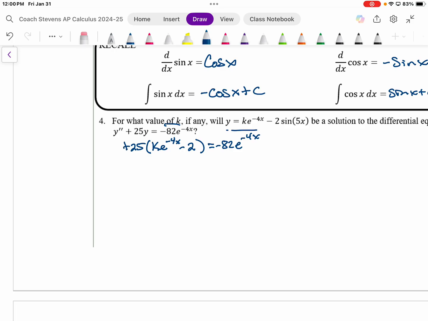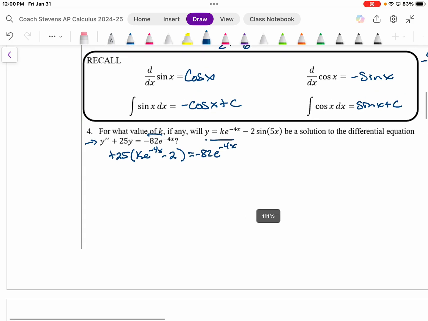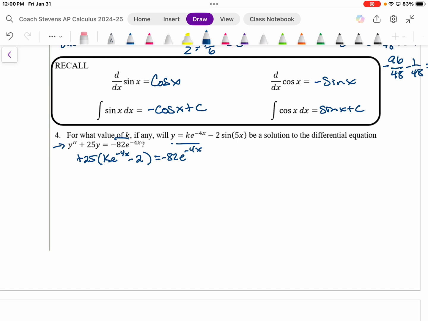Now what I need to figure out is what y double prime is, that way I can substitute that in the first part of the equation. I'm just going to do it over here to the side. If y equals k e to the negative 4x minus 2 sine of 5x, y prime is equal to negative 4k e to the negative 4x minus 10 cosine of 5x.